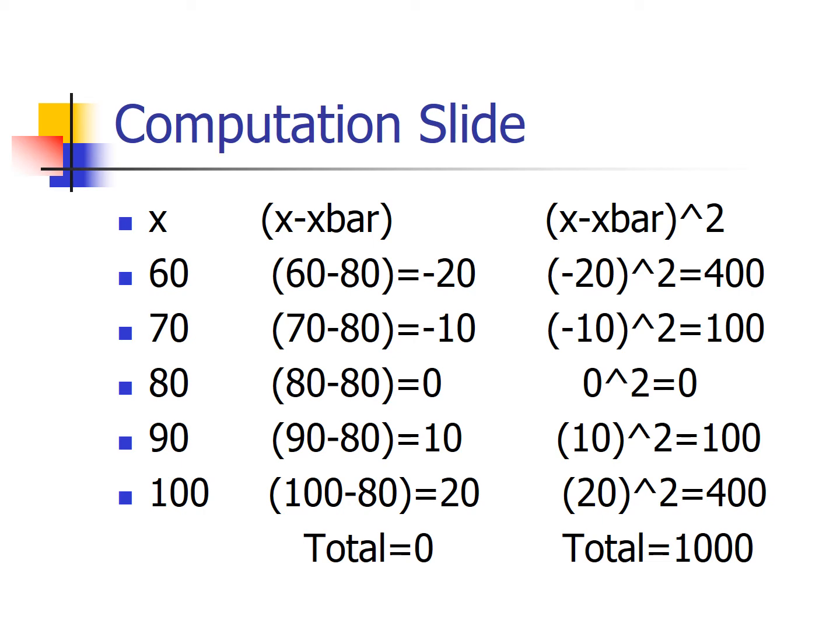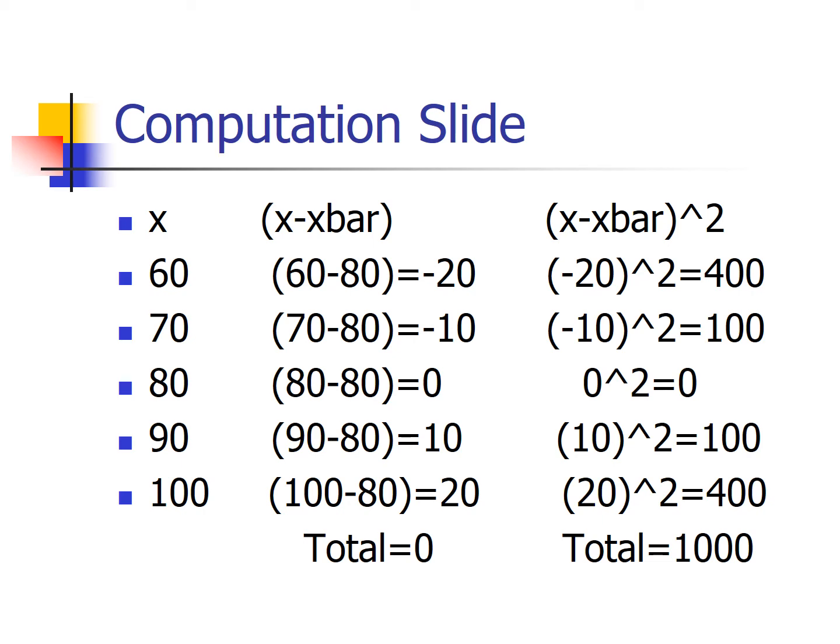So that left column is just my observations. For each observation, I compute X, the actual observation, minus X bar, minus the mean. So for the first observation, 60, I do 60 minus 80. That gives me negative 20. It's saying that the first observation is 20 below the mean. Below because it's a negative number.